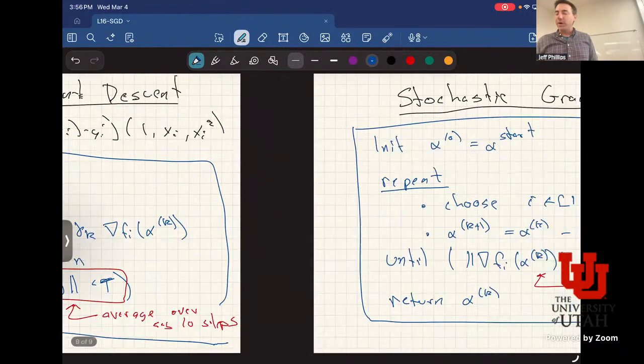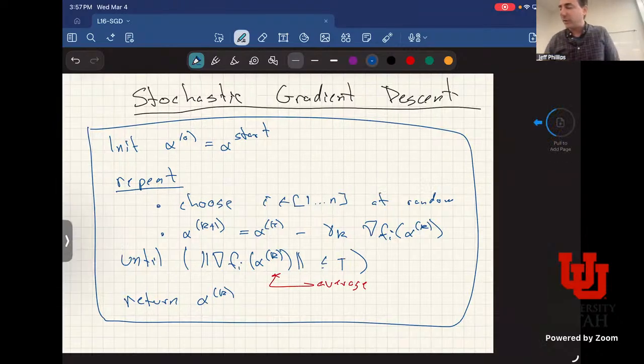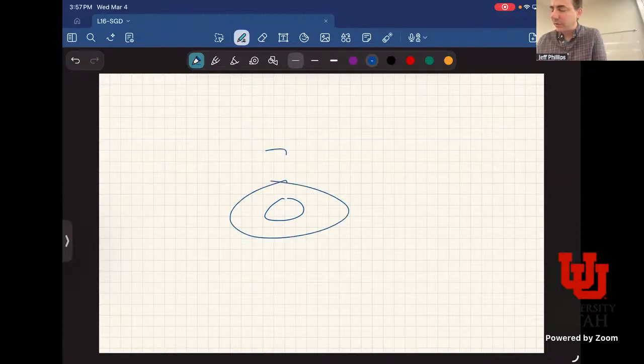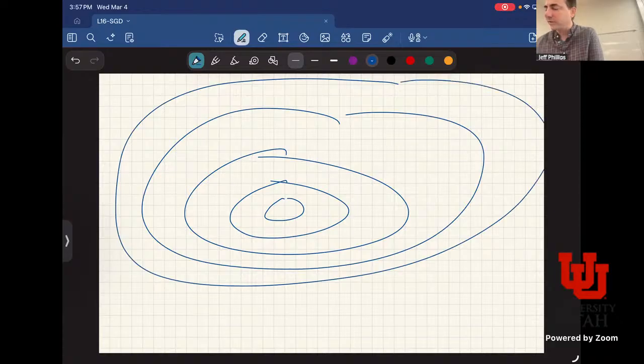Okay, so the last thing before we take the quiz: when you're running stochastic gradient descent, you have this function that you're trying to get to the minimum of, and you hope this is convex. With gradient descent, you're going to keep going down. This would be gradient descent.